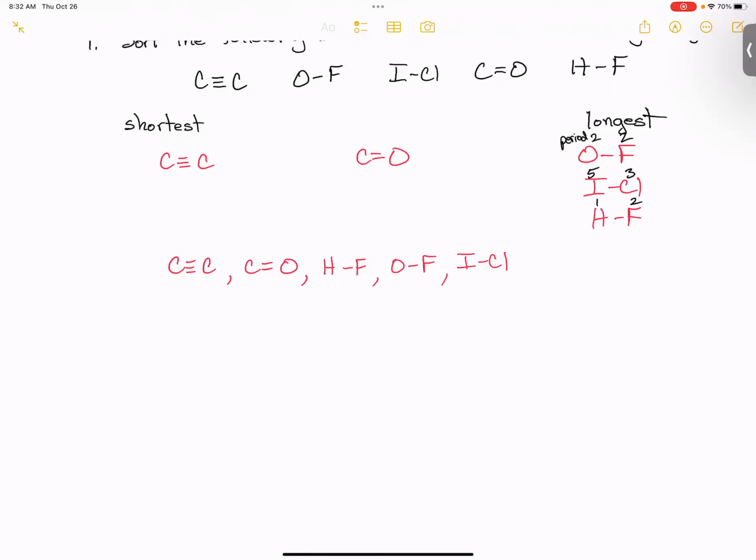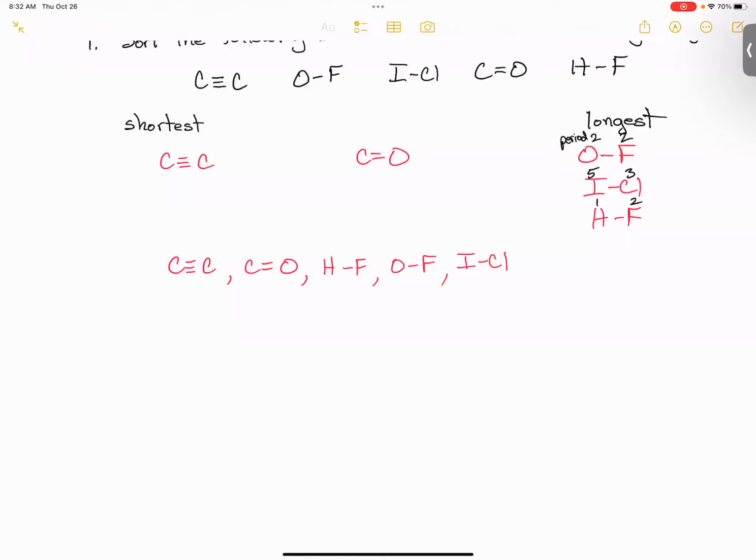If you go back to the last exam's material, when it comes to atomic size, the predominating factor is the period number, because that indicates the shell. The higher the shell, the bigger the shell, the bigger the atom. So I sorted by period number.